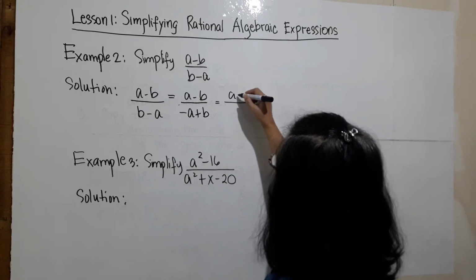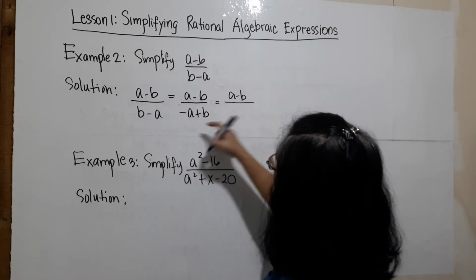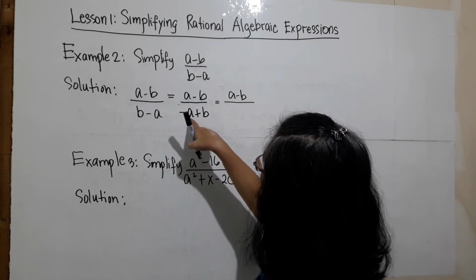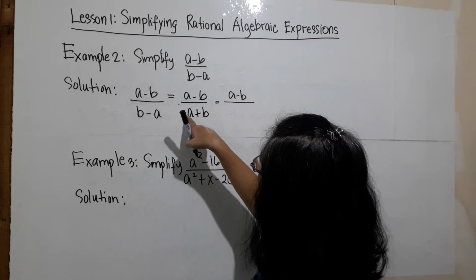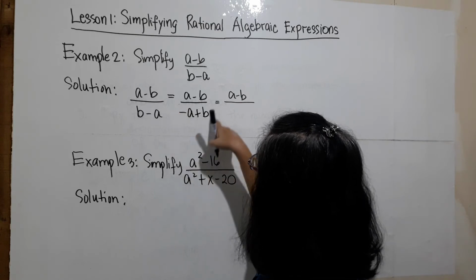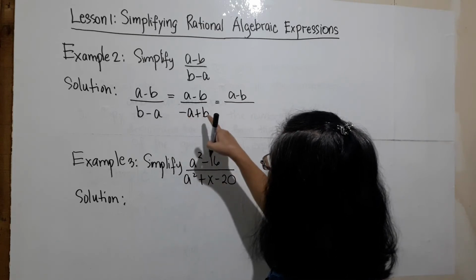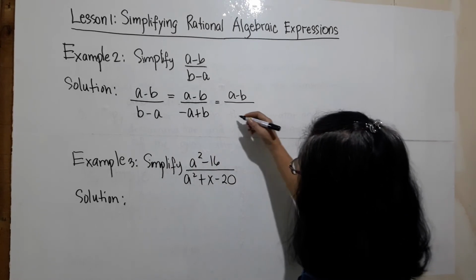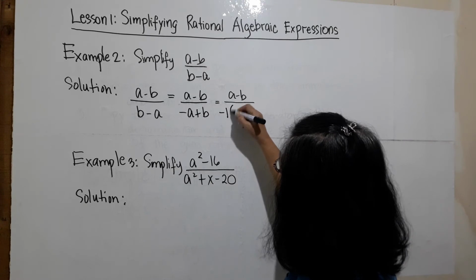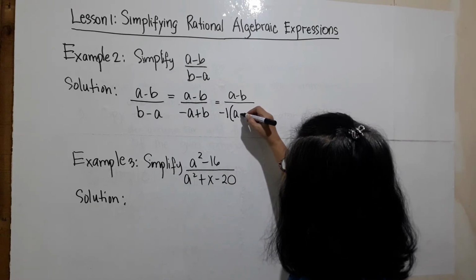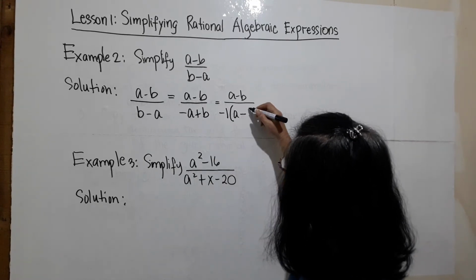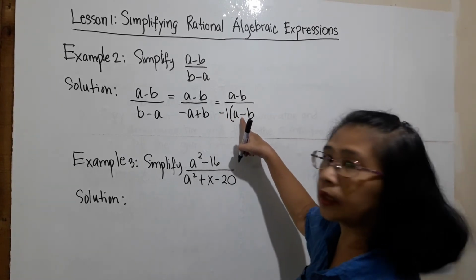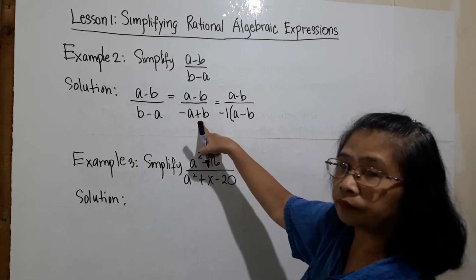Copy first the numerator and then factor, and multiply the whole binomial by negative, so that when we write, a will become positive. So negative 1, a, but b will become negative, because negative multiplied by a negative is positive.